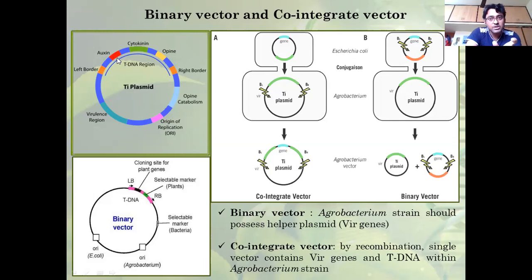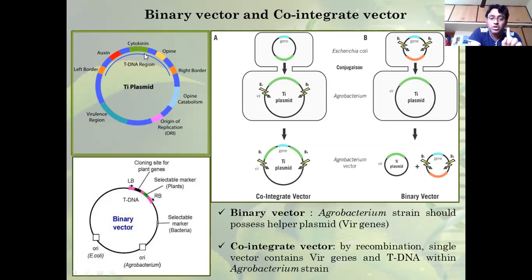Our expression cassette means any gene of interest, with the promoter towards the 5' end, or upstream, of the gene, and towards the 3' end of our gene of interest, there should be the terminator. Or the gene might be fused with GFP or GUS, anything. Anyway, this expression cassette will be placed here.